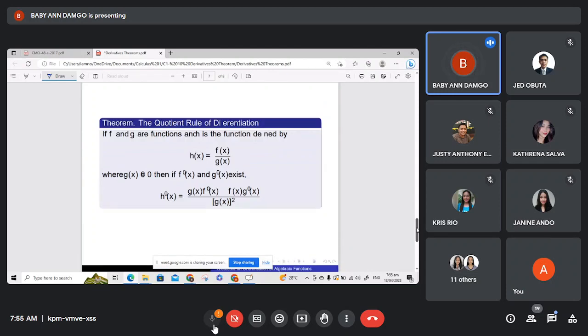So, kung naatay product rule, of course, nasa tay quotient rule. Okay? So, if you have f and g are functions, and h ni ha, so your h of x is equal to f of x over g of x. So, it's in the quotient form. Naguba siya, class. So, ako na lang ni isuwat.